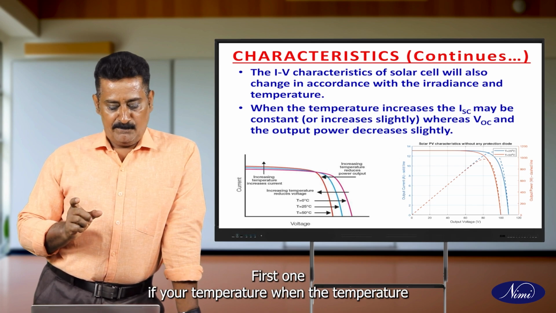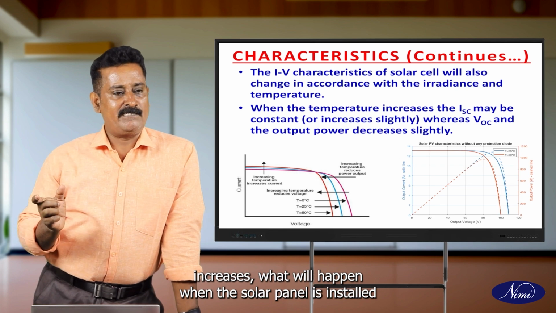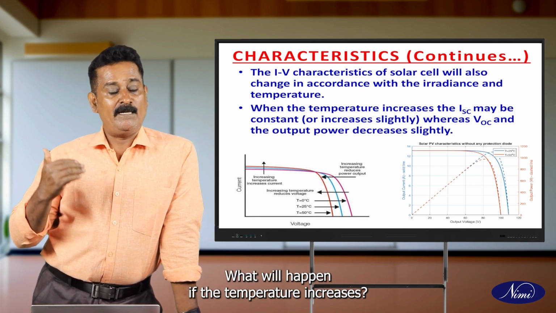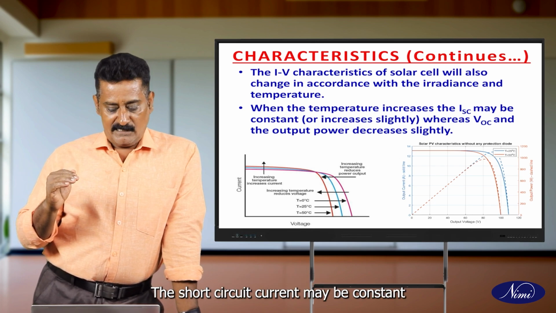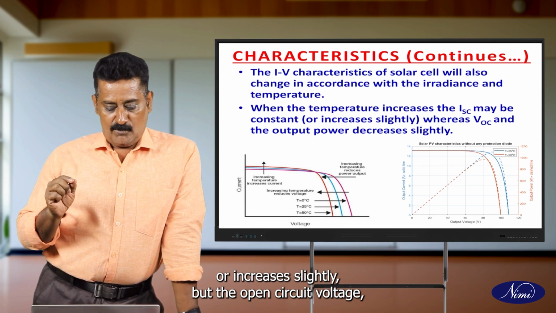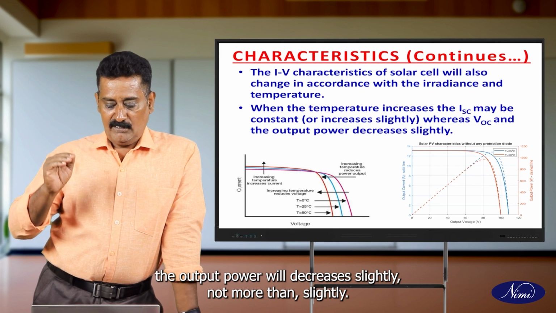First one is temperature. When the temperature increases, what will happen? When the solar panel is installed during winter time as well as summer time, what will happen? If the temperature increases, the short circuit current may be constant or increase slightly, but the open circuit voltage and the output power will decrease slightly.